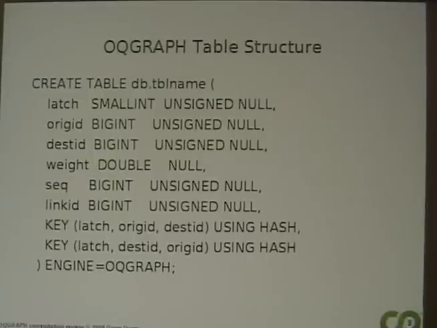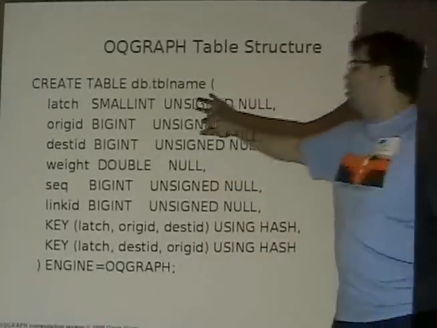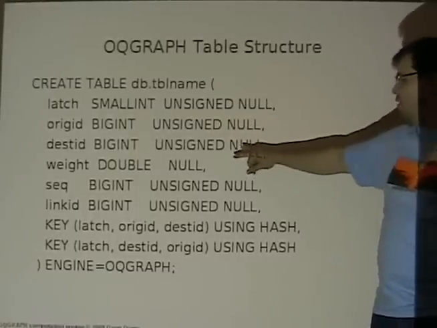Basically, the way MySQL communicates to the graph engine is by having this table structure here. As you see, it's a very simple table structure. Basically, you have to fit your data to conform to this. In essence, there's only really 3 pieces of data you put into the graph. So basically, this column, and this column here.